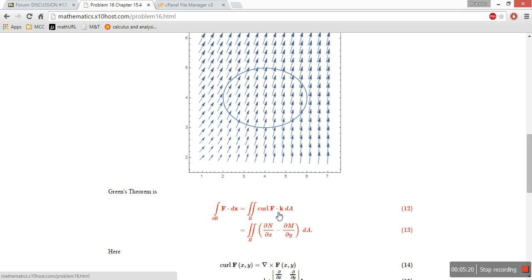And this is also equal to the double integral of our second mixed partials of the potential function, if there exists one.